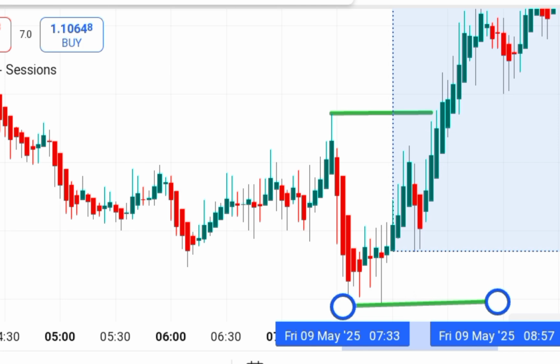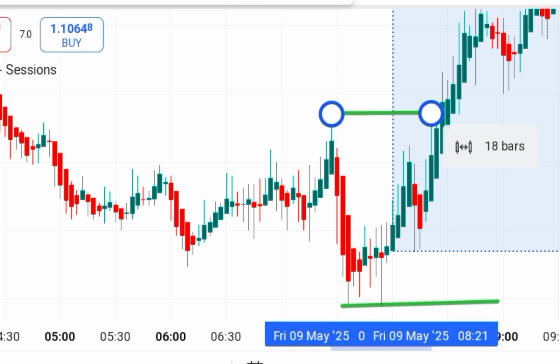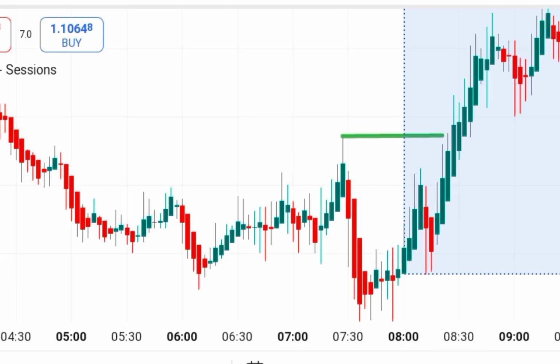I have to go and wait on my 1 minute. Note, on your 3 minutes, you have to mark the high and the low before your London session open. Then after you mark the high and the low, I'm using Heikin Ashi candle as my candle, not the normal candle. So I have to go to my 1 minute chart. Follow me closely. There's something I will need to show you.